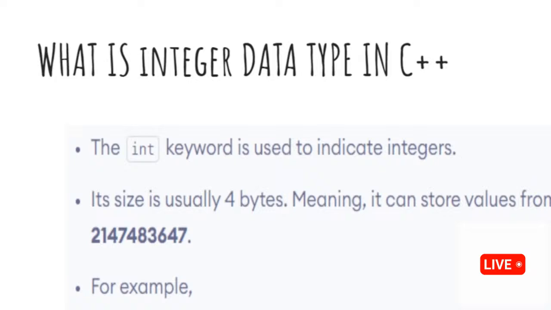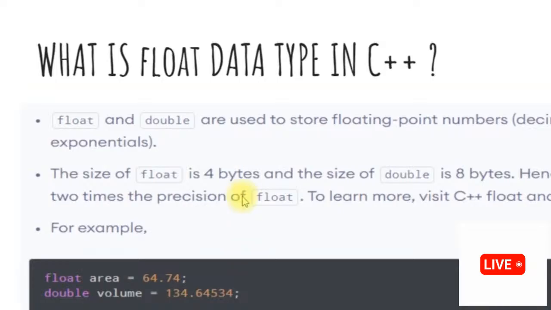So I hope you are very clear with what is the integer data type and how you declare integer data type variables in C++. After this short discussion, we'll also have a look at the practical. So let's move to the next data type.